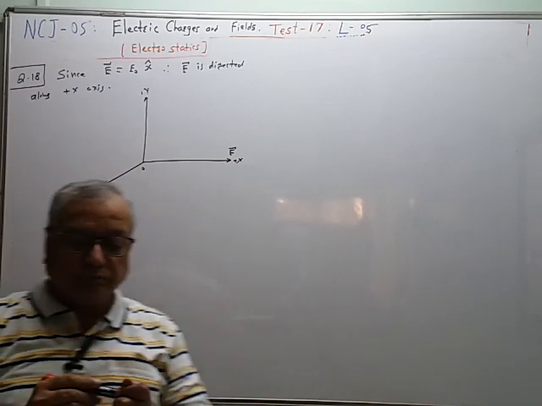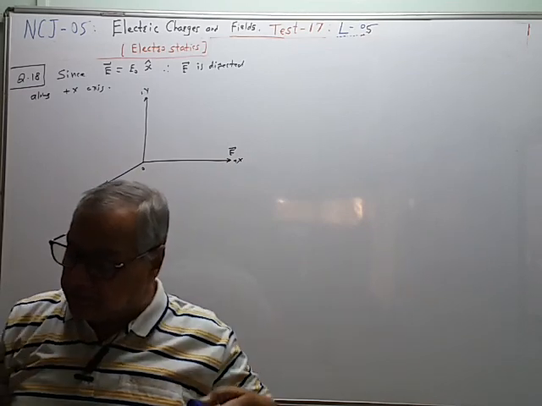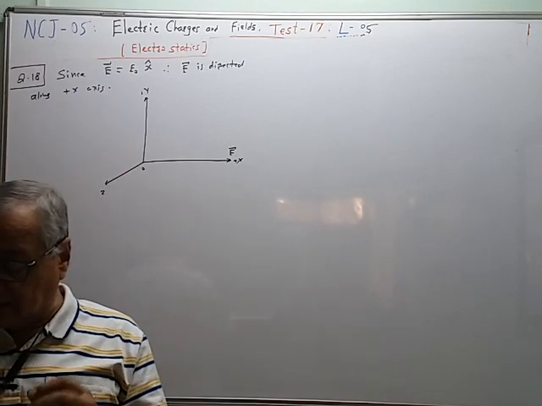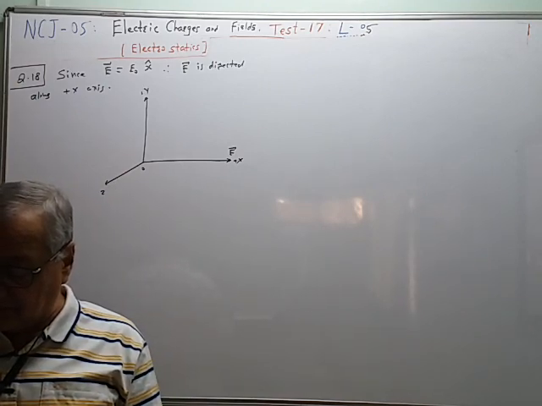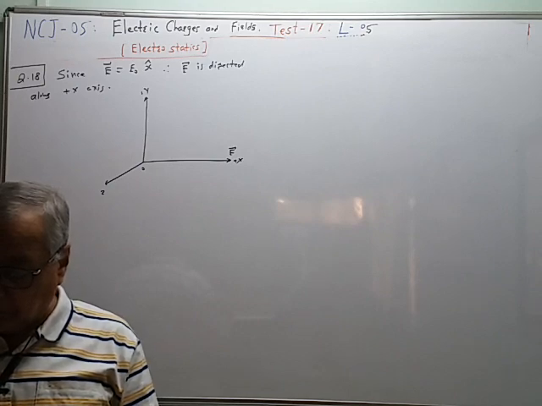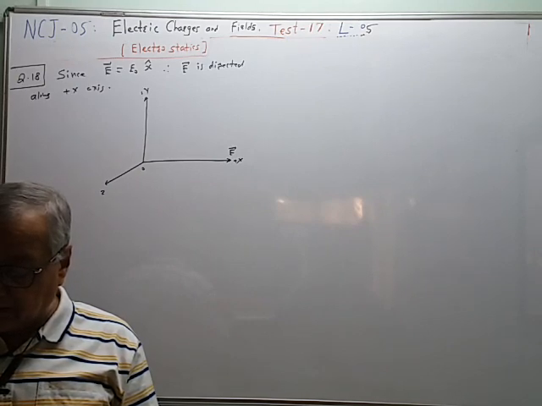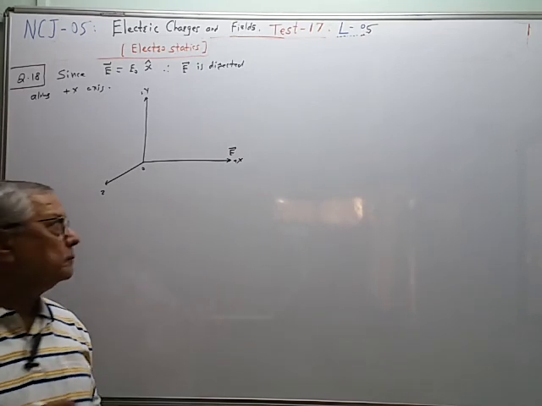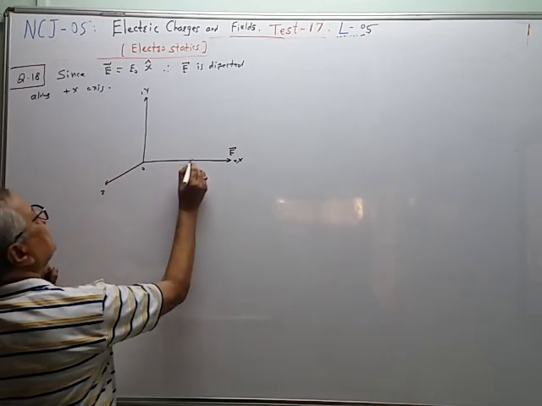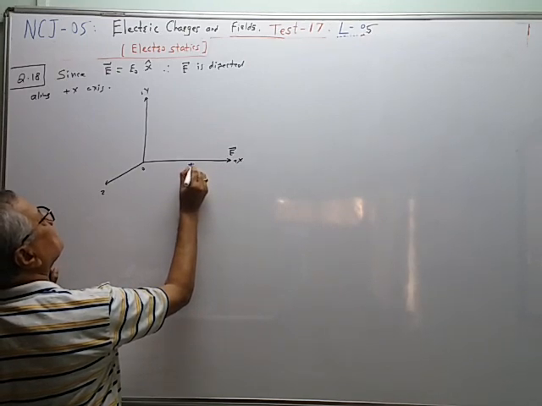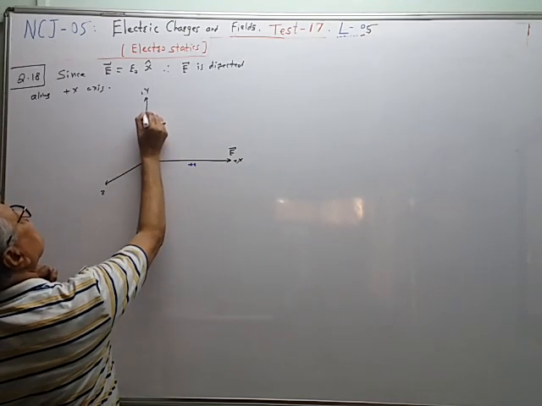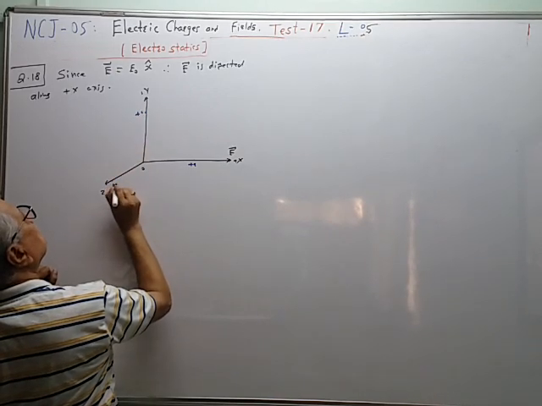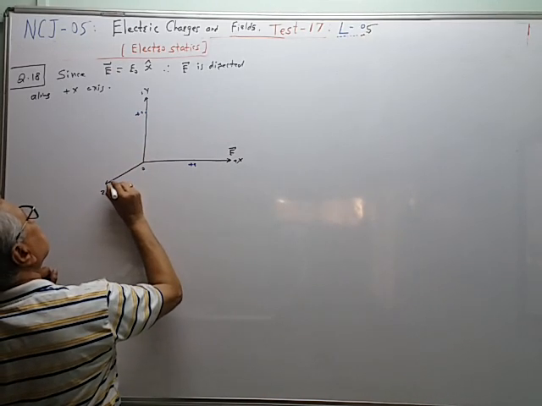And now, the surface is shown like this. See the coordinates. The surface intersects the axes so that the x coordinate is A, z coordinate is A, and y coordinate is A, like this. So this is A, this is A, and this is also A. So the surface is like this.